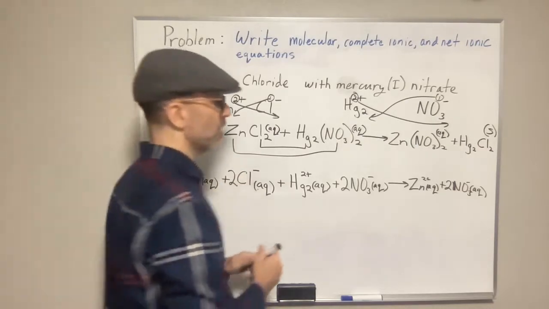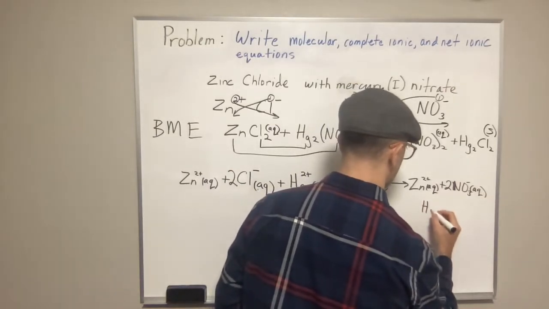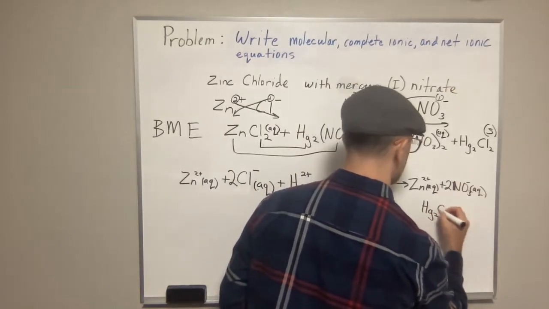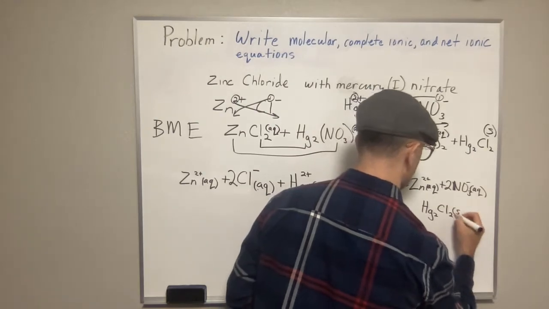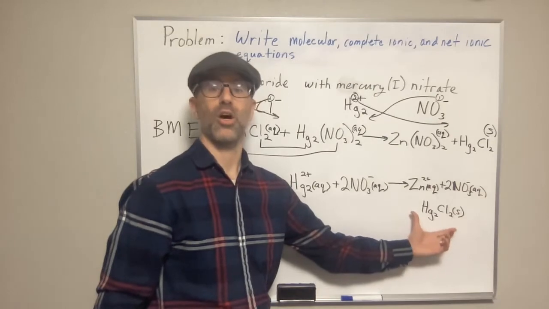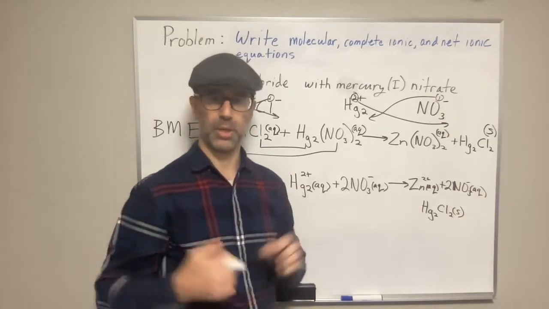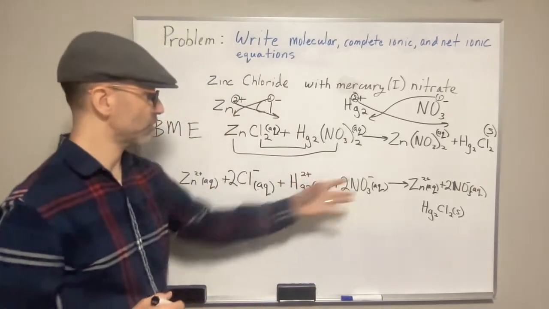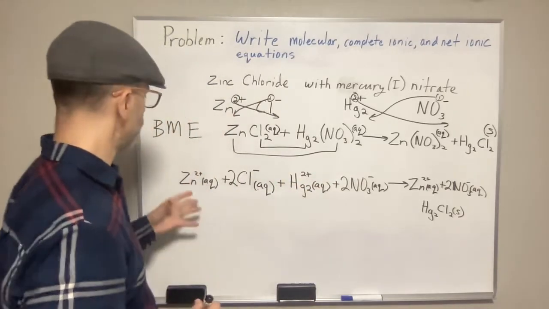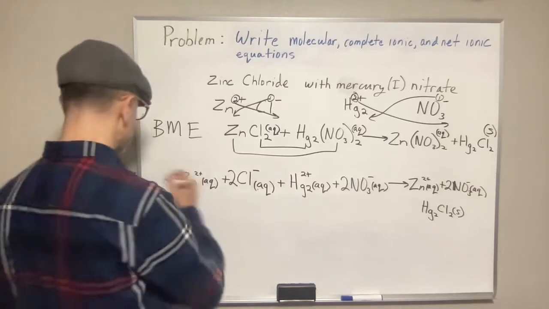Keep it together. So we have Hg2Cl2 solid. And the reason we're going to keep that together, because in reality, those ions are actually bonded together in a solid. They're not going to be apart. So everything else is separated. So this would be our balanced complete ionic equation.